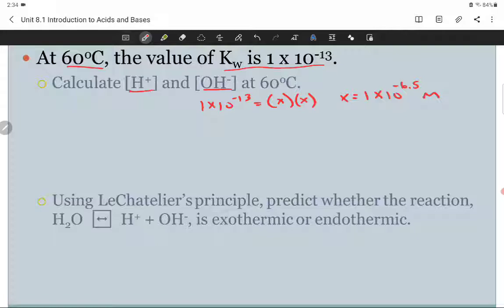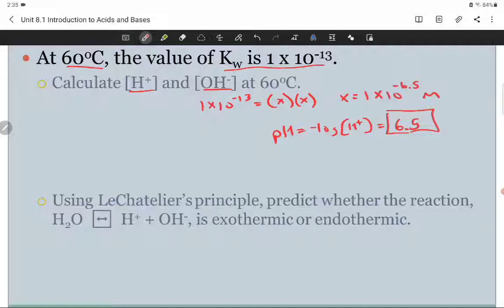For the purposes of this question, I'm going to leave it as that. We're going to get into these in a second, but I think it'd be a good opportunity to do this now. If we were told to calculate pH of this, negative log of 1 times 10 to the negative 6.5 would be 6.5.